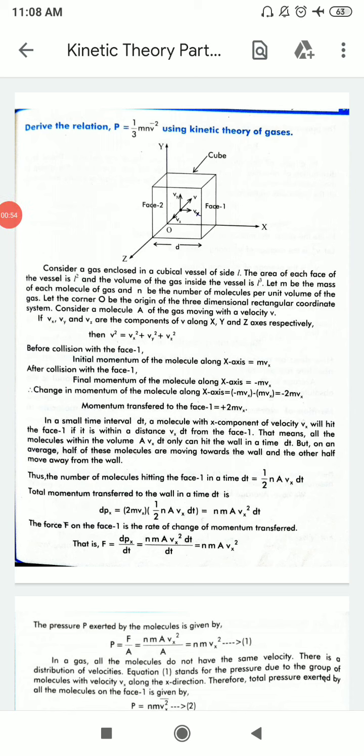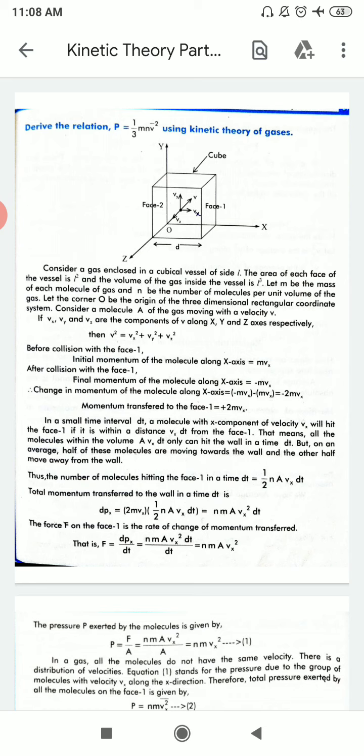So see here, you should first consider one cube. Consider one enclosed cubical vessel. It has many faces, but you consider two faces according to the diagram, face 1 and face 2.